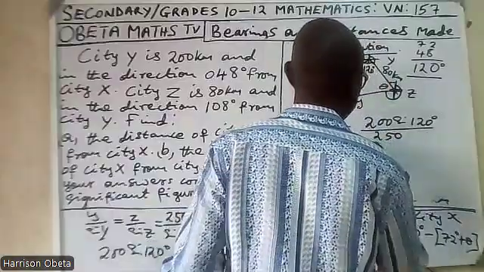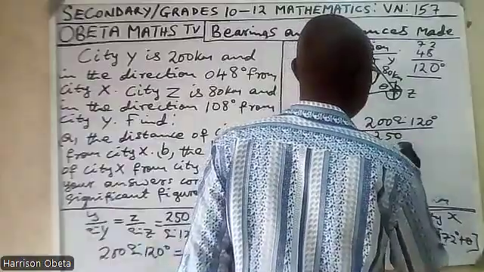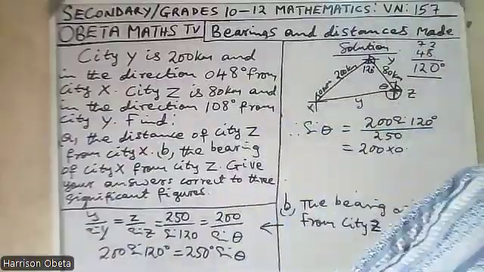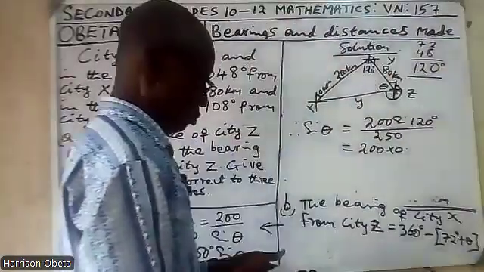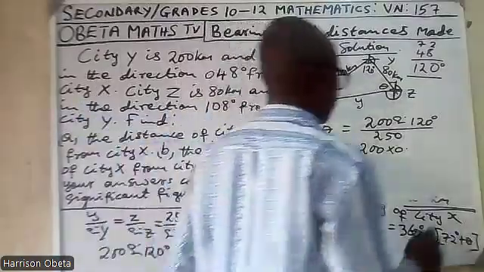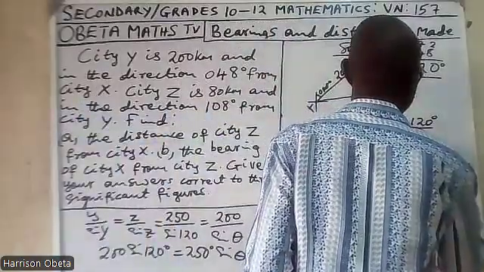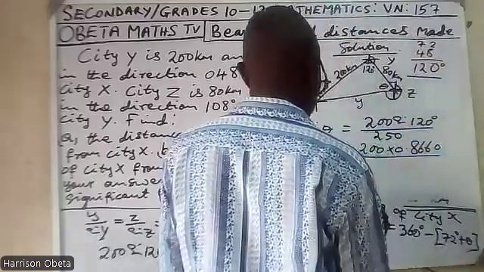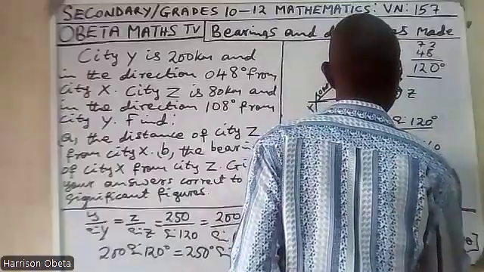So that will give us 200 times 0.8660, divided by 250.